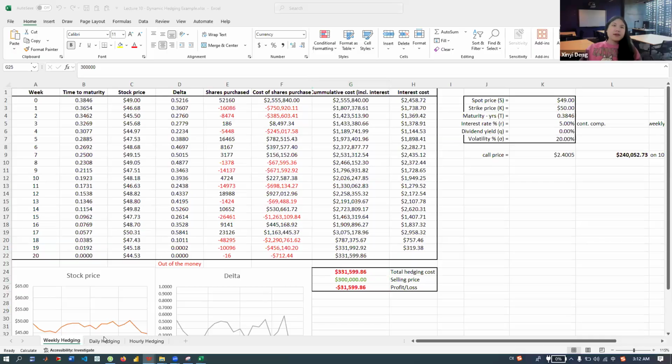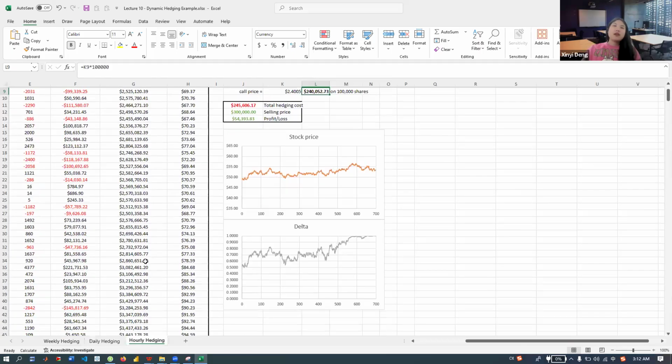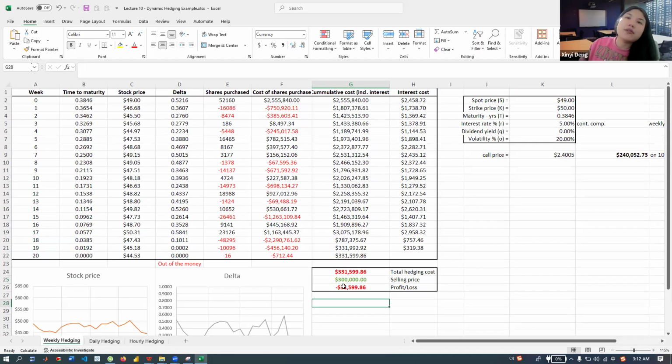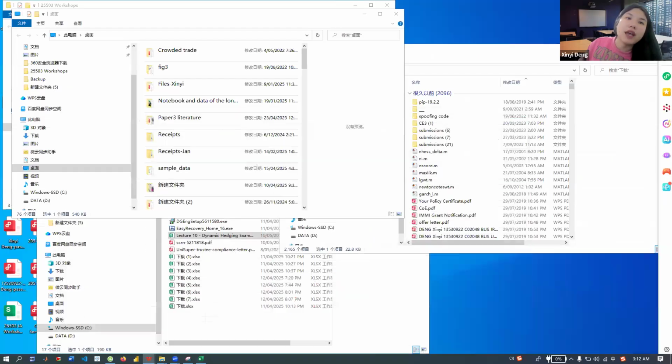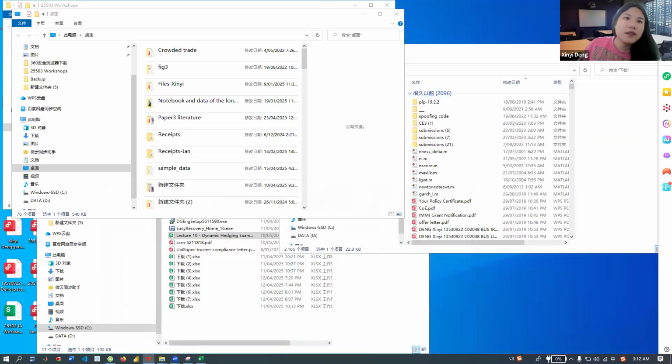You can also play with the daily hedging tab and hourly hedging tab, but the logic is the same. You can also check the total hedging cost against our selling price of the call option. They should be really close to each other for each of the tabs. Now let me get back to the slides.